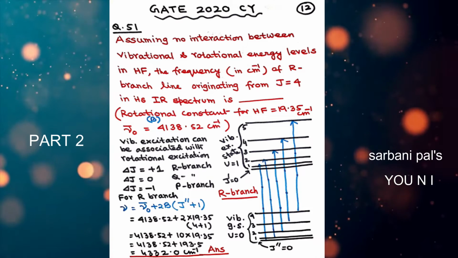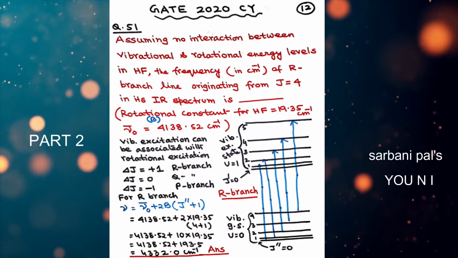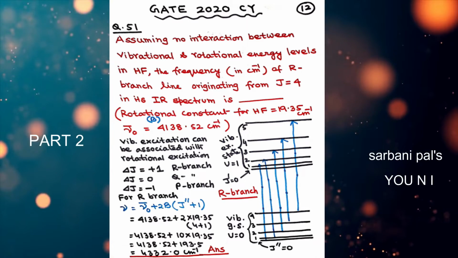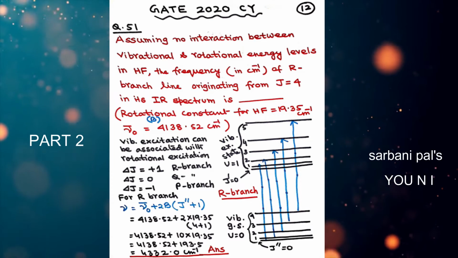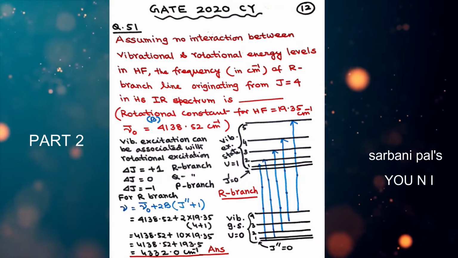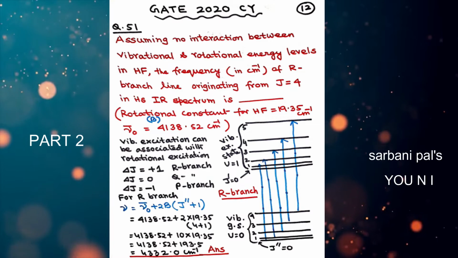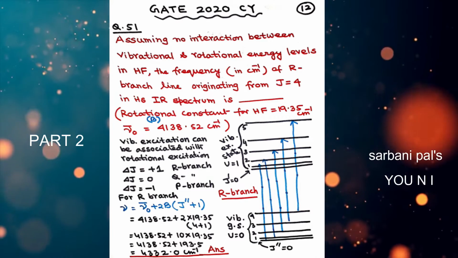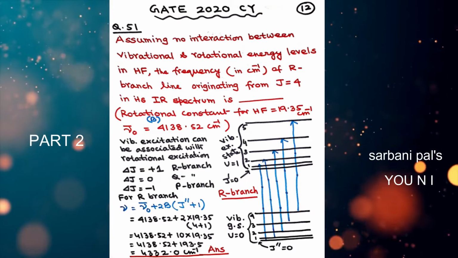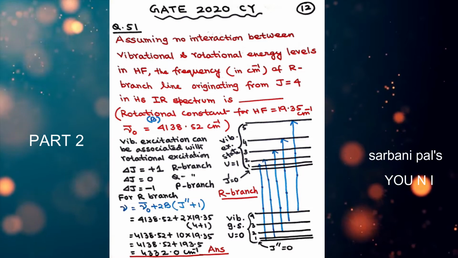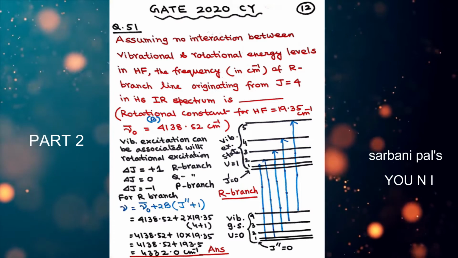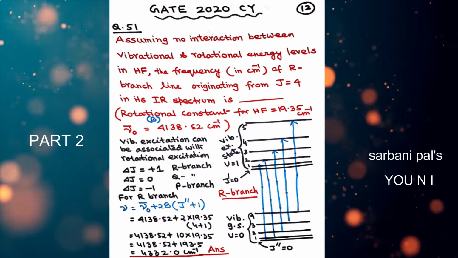Now, in order to calculate this problem, we need to understand what we mean by the R branch line. Now, when IR light interacts with molecules, then we know that vibrational excitation happens from the ground state to the various excited states. Now, pure vibrational excitation is not possible.